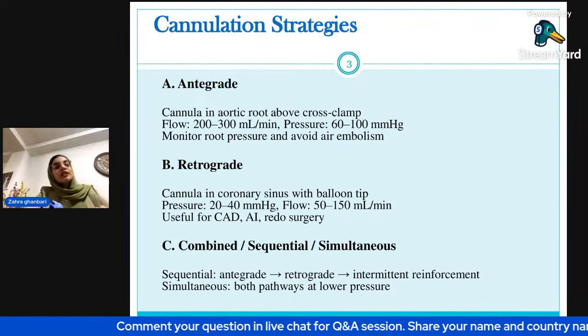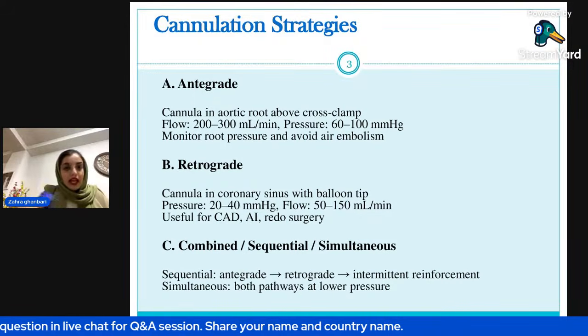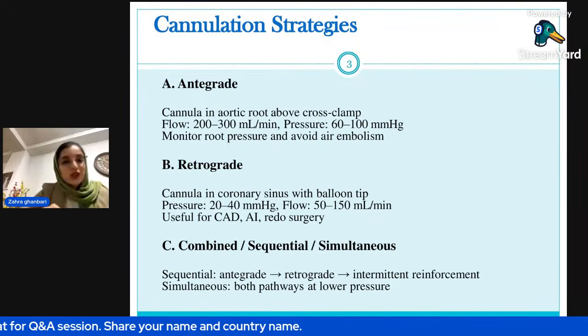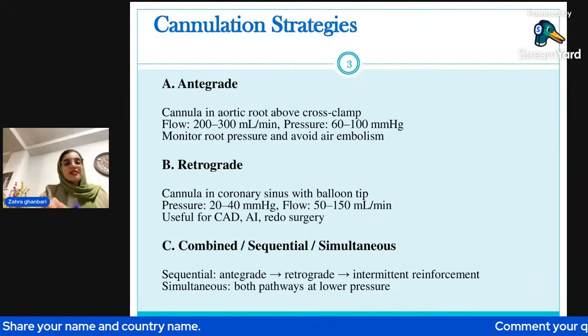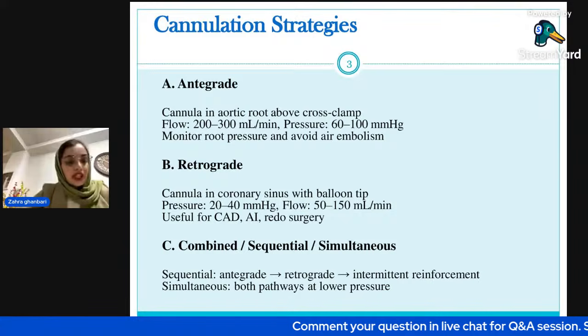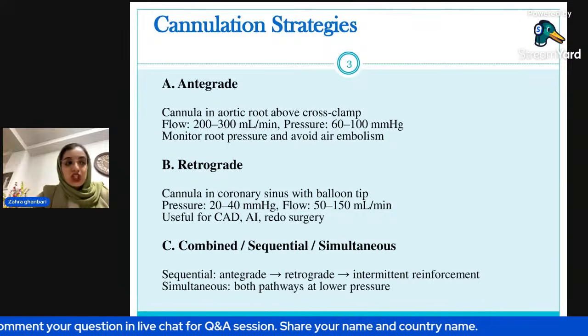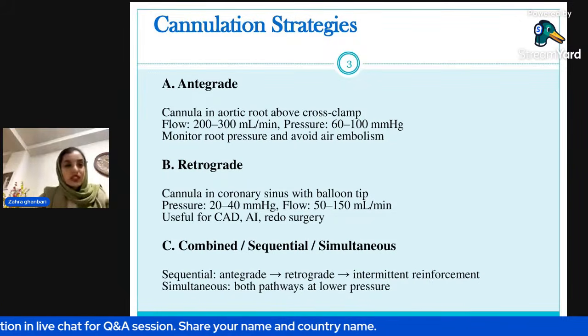Another method is a combination of antegrade and retrograde. Now I want to talk about sequential and simultaneous. What is the difference between them? In sequential, we give antegrade first and then retrograde, and we can add intermittent doses if needed.